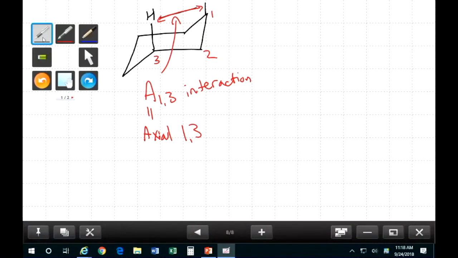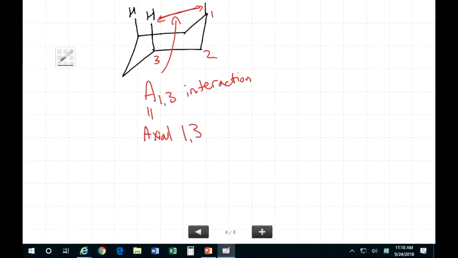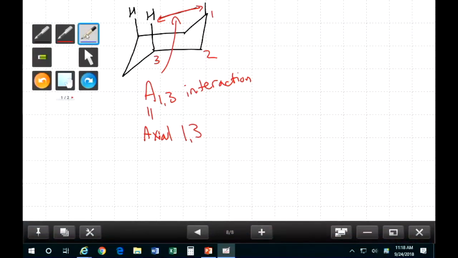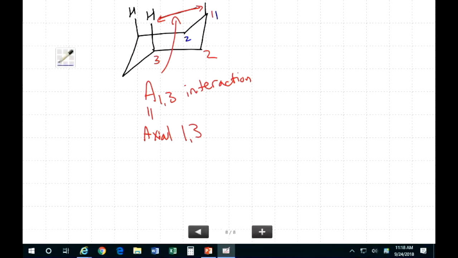And same thing the other way: if I number again 1, 2, 3, there's an A1,3 interaction here as well. Now we're numbering not like we're naming it. What we're saying is, here's this carbon, let's go 3 carbons away.